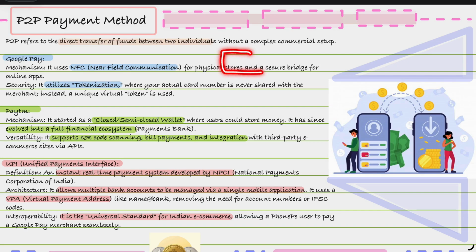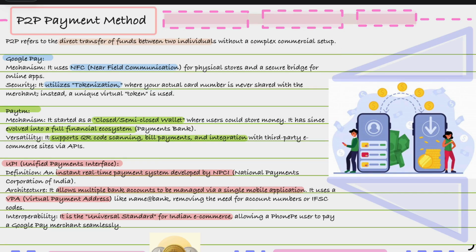It is used to store metadata and digital currency value, and this stored value is then used to exchange payments and perform transactions online. When a transaction happens directly between two individuals without requiring any commercial store setup, it is classified as a P2P, peer-to-peer payment system. It is the direct transfer of funds between two individuals without a complex commercial setup.